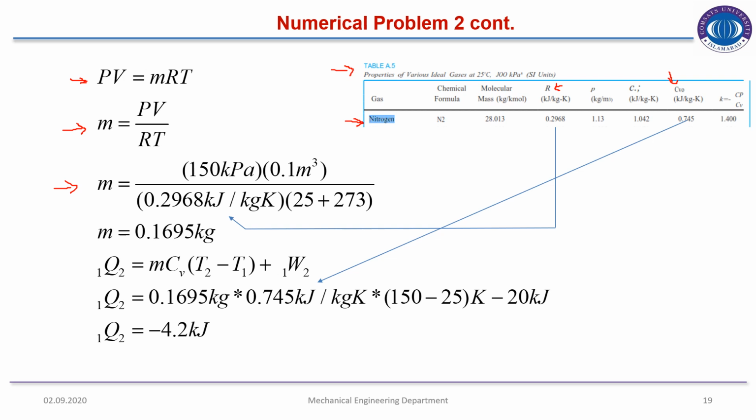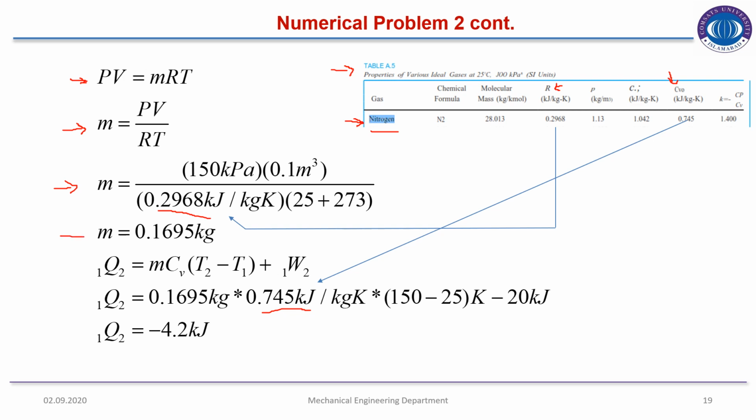So these values, specific gas constant and CV, you will have to take from the end of your book. Either these values will be given to you in the statement, or if you are solving, you can find these values for different types of gases in table A.5.